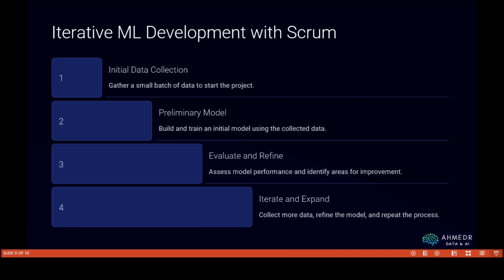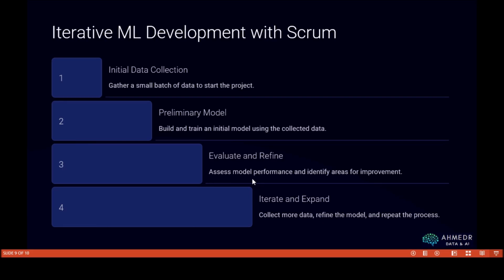Also, they could build an initial model using the collected data. Next, they can start evaluating the data and assessing the model performance. Also, they could identify areas of improvement, which is called model refinement. Based on the feedback, they can refine the model, collect more data, or experiment with different algorithms.